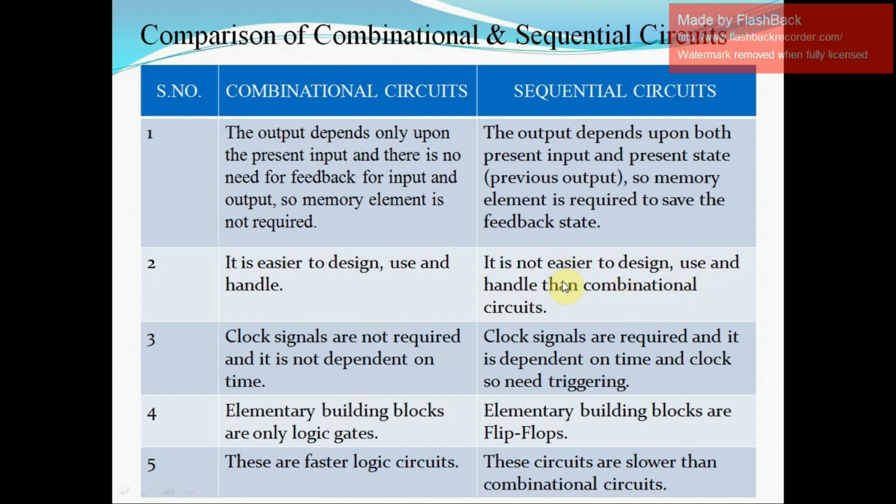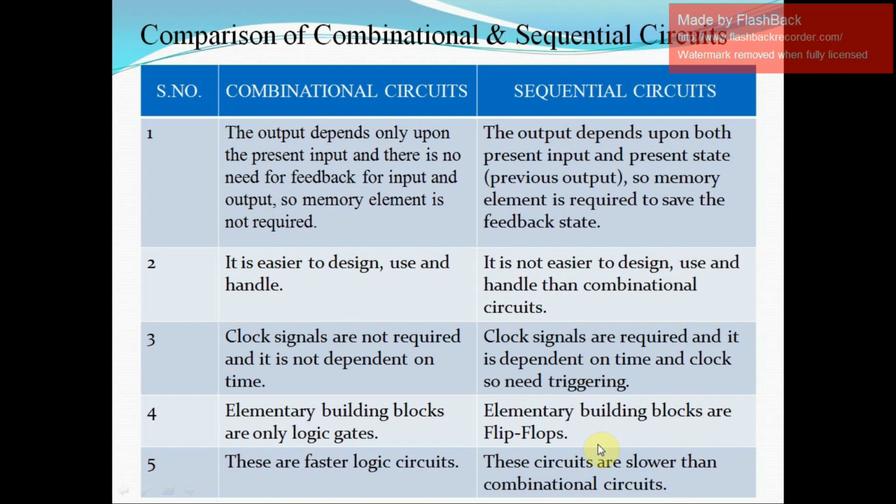A sequential circuit is not easier to design, use and handle, because of the memory element introduced, it is a little bit critical to design. Next, clock signals are not required in designing combinational circuits, but clock signals are required in the working of sequential circuits. The elementary building blocks of combinational circuits are only logic gates, and it is very important that the elementary building blocks of sequential circuits are flip-flops.